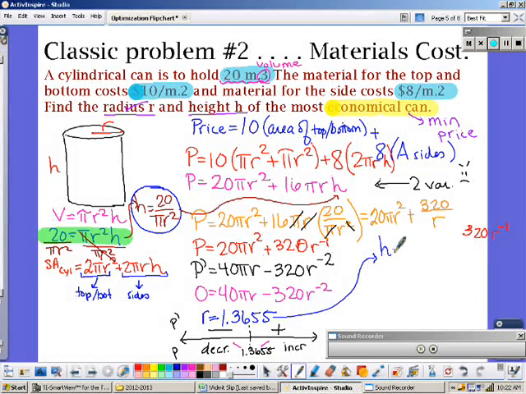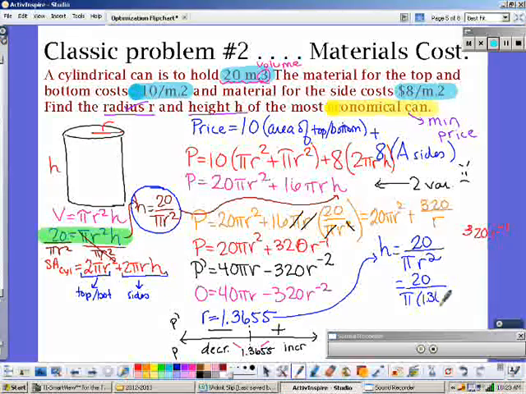We know that h equals 20 over pi r squared. When I substitute in my radius of 1.3655 squared, that's going to give me a height of about 3.414.